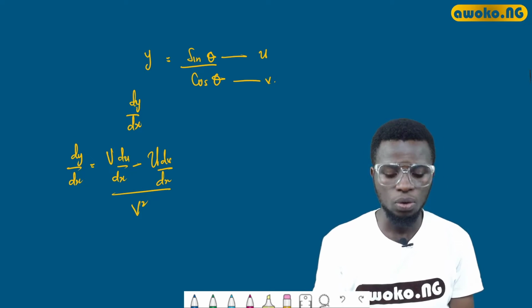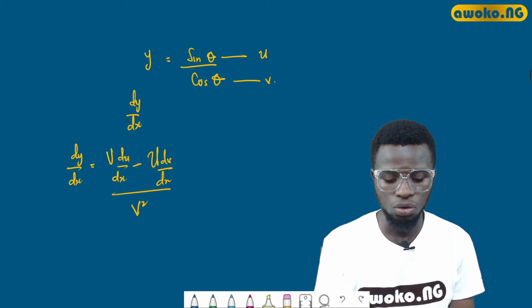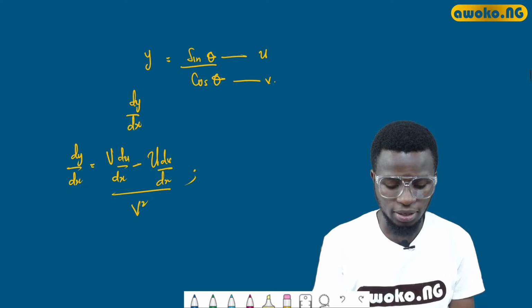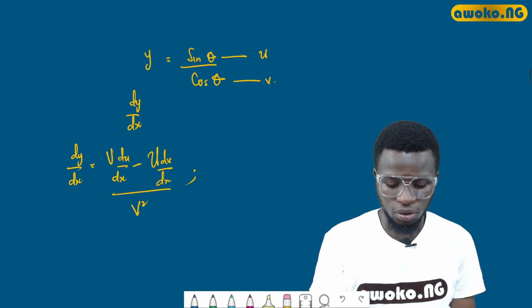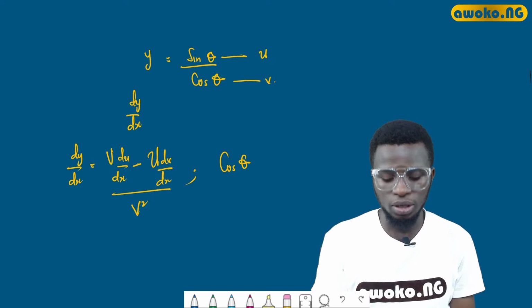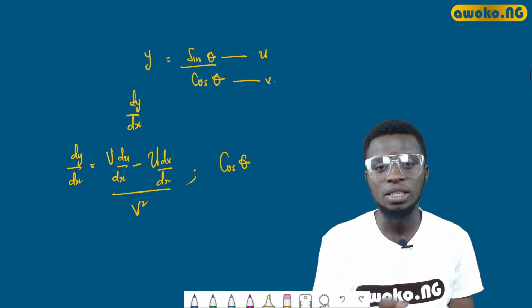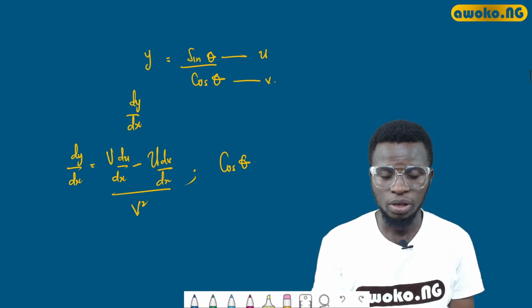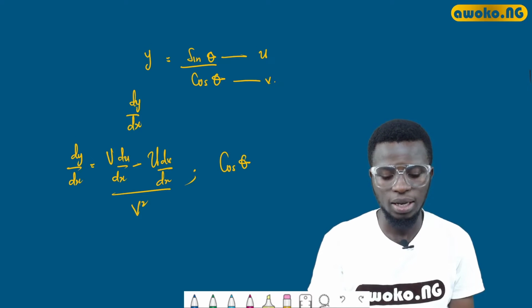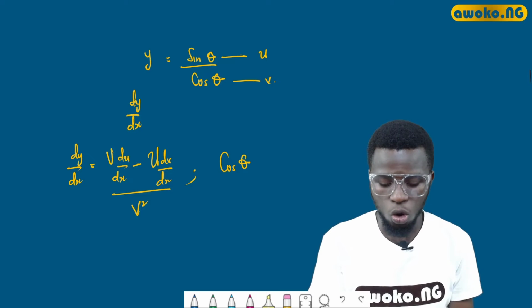So since we know that sine theta is u and cos theta is v, therefore I can say that we have cos theta, v du means keep v constant and differentiate u. Is that okay? Then from our standard differential, we're made to understand that the derivative of sine theta equals cos theta.